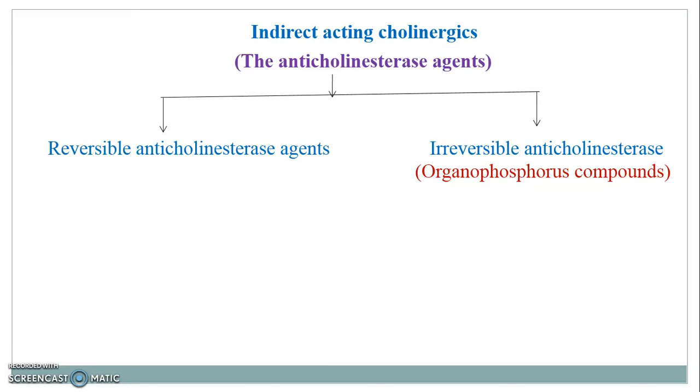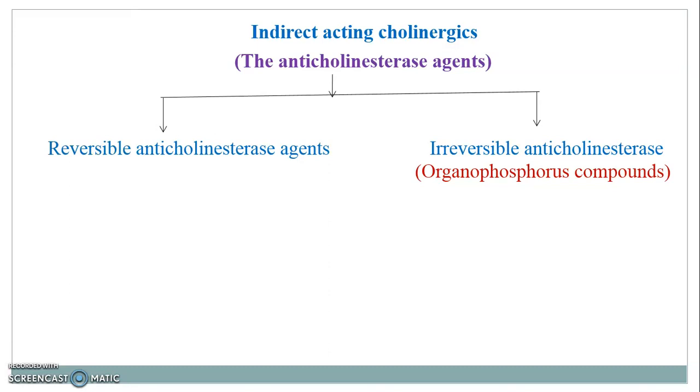The irreversible anticholinesterases are nothing but the organophosphorus compounds. The reversible anticholinesterases include the truly reversible non-ester quaternary ammonium compounds and the esters of carbamic acid, which react covalently with the enzyme surface, and the enzyme can regenerate by hydrolysis, and that's why the name reversible anticholinesterase agents.